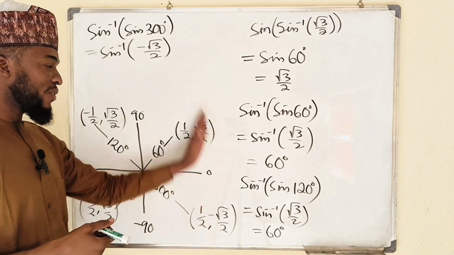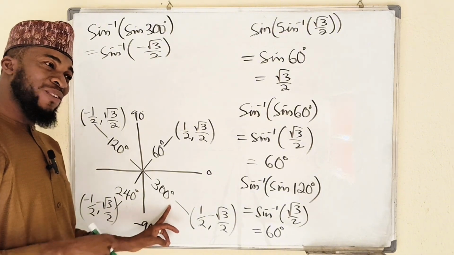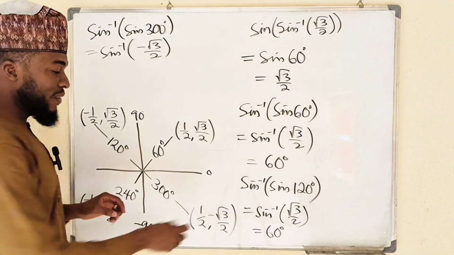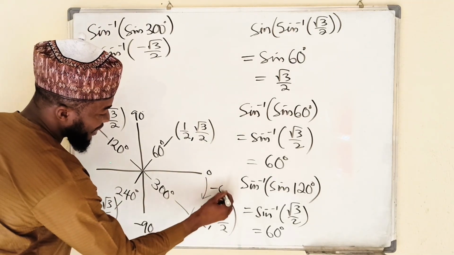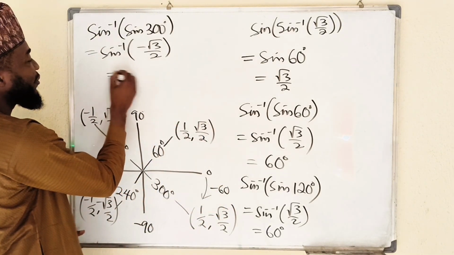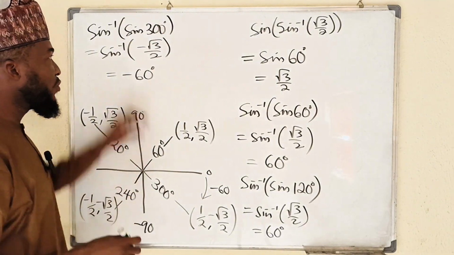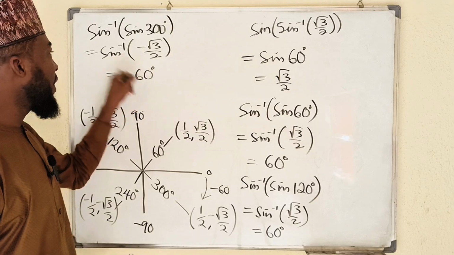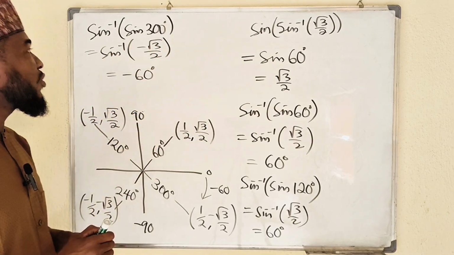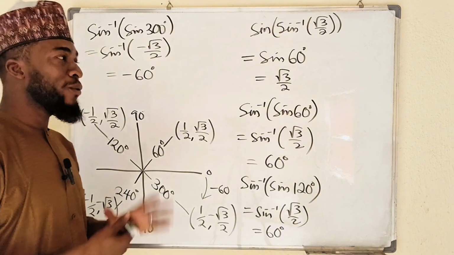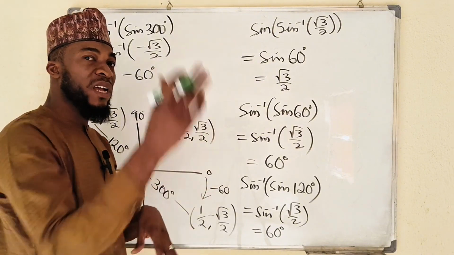It will return values here, so it will be this one, 300. But we are not going to use 300 because 300 is too big. Instead, you have to count it clockwise, which is going to give us negative 60 degrees. So this is equal to negative 60 degrees, which is not the same thing as 300. Though they have the same ratios, sine inverse of negative root 3 divided by 2 will give you negative 60 degrees, not 300 degrees. You should know that. This is very important. This is the same thing for cosine and tangent.